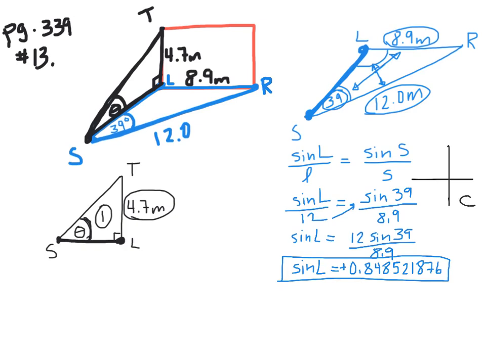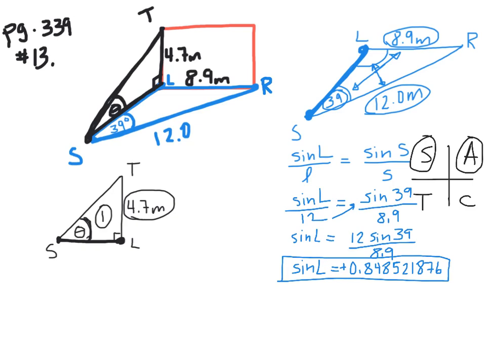We always have to remember the CAST rule because whenever we use the sine law, there are two answers when the sine of an angle equals a positive number. There are two possible values for that angle L. There's the acute answer and there's also the obtuse answer.